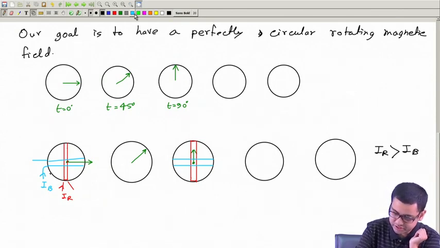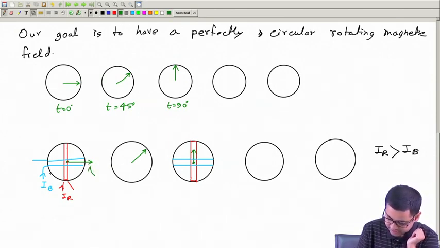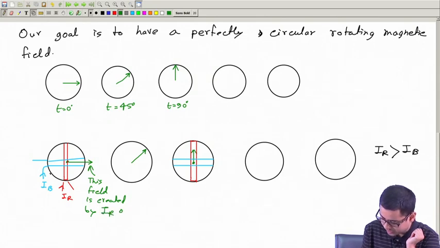Okay, so this field is created by IR only. Similarly, at this moment red current will be 0, blue current will have its peak.